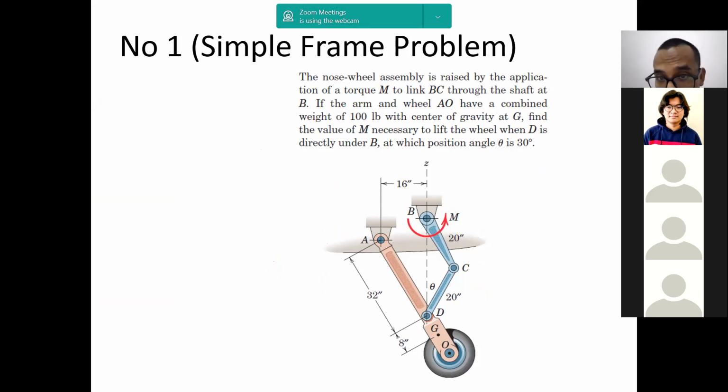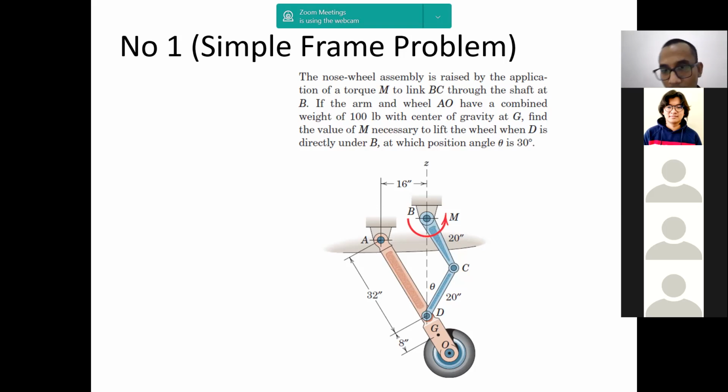Correct. After we know the two-force member, we isolate the remaining members. If CD is a two-force member, then the remaining members will be BC and AO, right? Yes. That's the free body diagram we're supposed to draw.